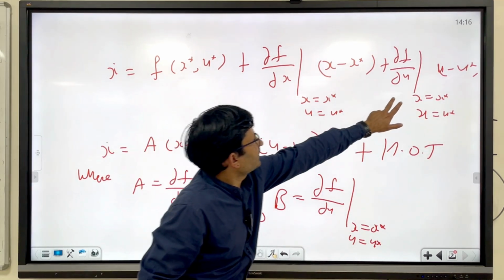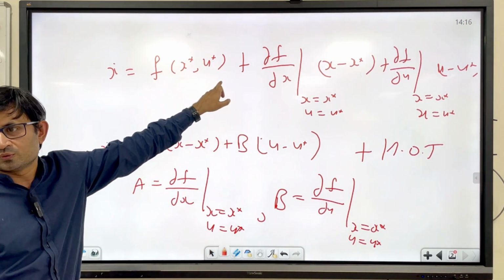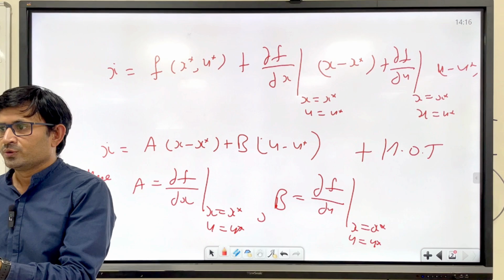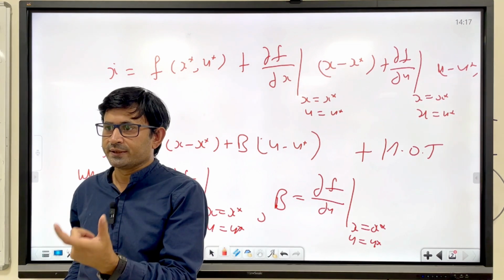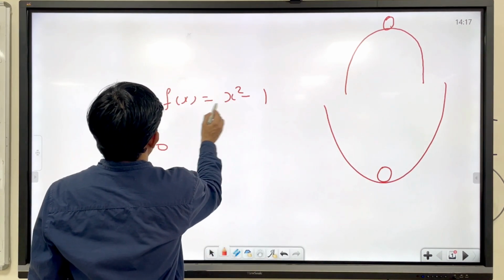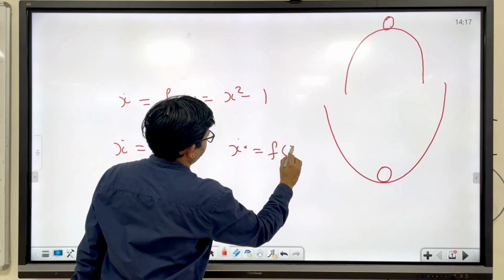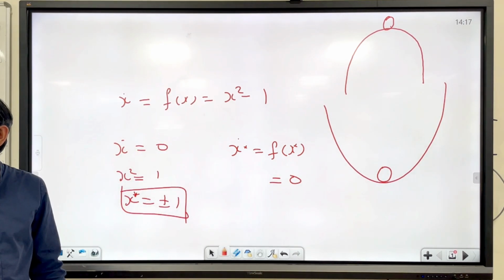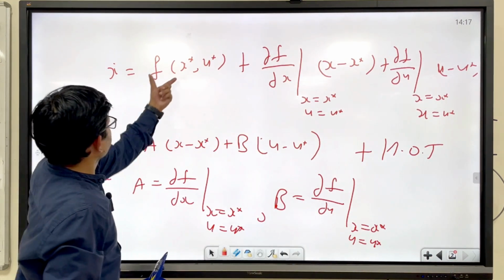Okay. So this part is B and this part is A, right? And what is this value f of x star, u star? It is 0, because x dot equal to 0 at a trim point. Okay. What I said here, if you put x star trim dot equal to f of x star, that will be equal to 0. Okay. Right? So this value will be 0.